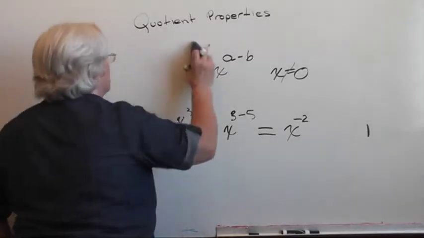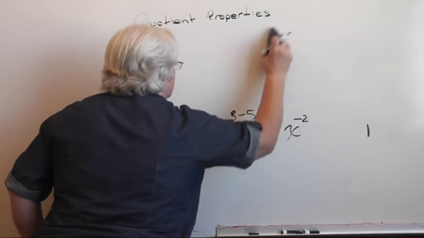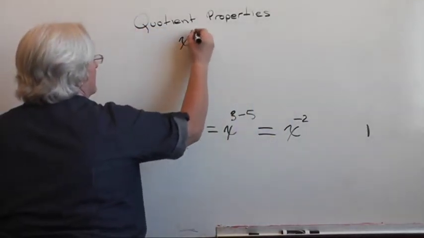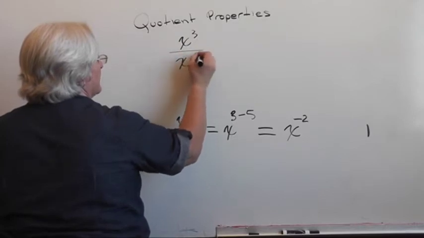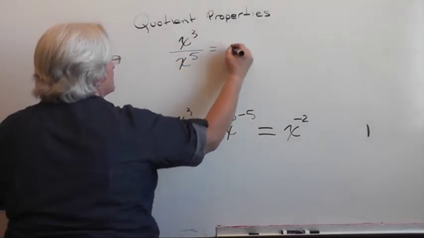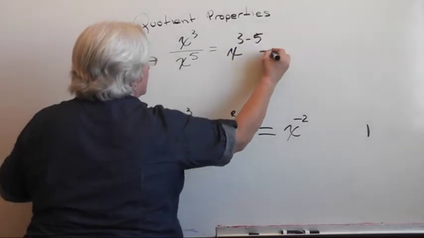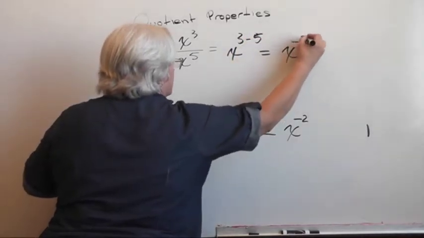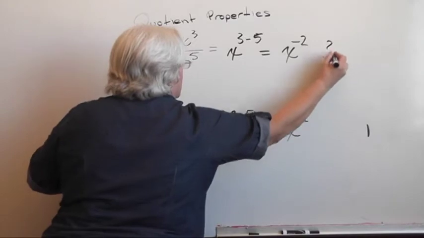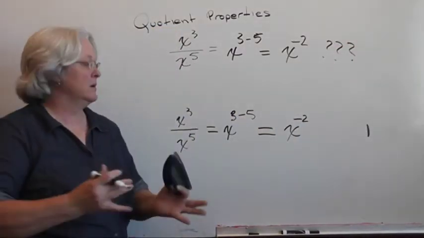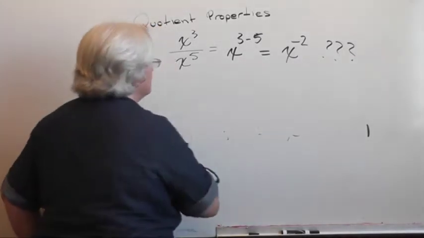So I'm going to go ahead and erase this general form here, and I'm going to put right back up here x cubed divided by x to the 5th, where we used our quotient property and said that was x to the 3 minus 5, which was x to the minus 2. And now we're saying, what in the world is going on here? Let's look a little bit further.